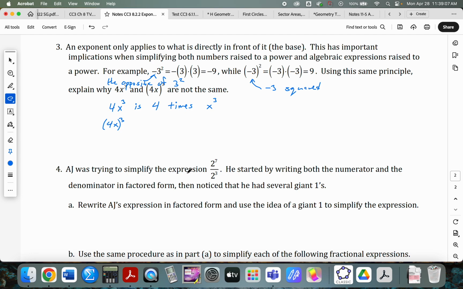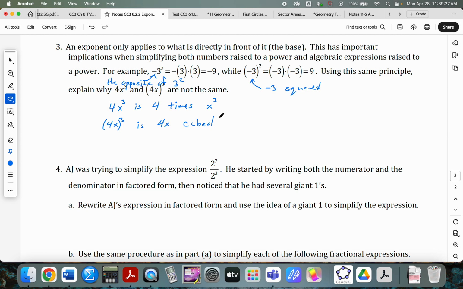If we put that in parentheses, this is (4x) cubed. Not the same thing. All right, let's go on.